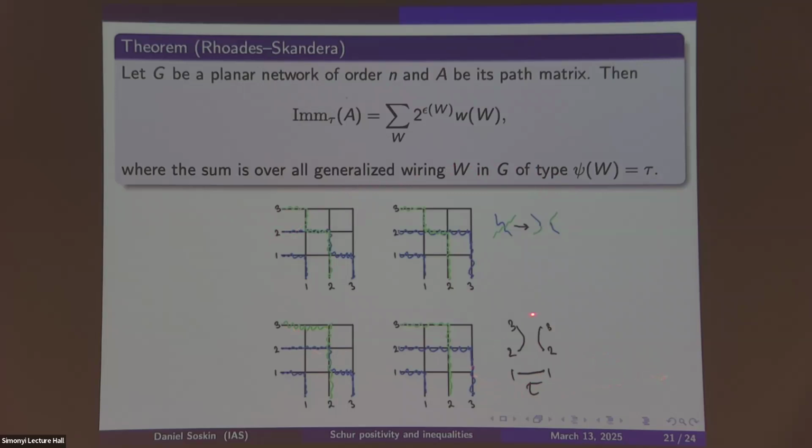Here, if we fix shape tau2, it's T2, and we want to look at what is the immanant evaluated on the path matrix given by such a network. We have only 4 possible path families which resolve in this.